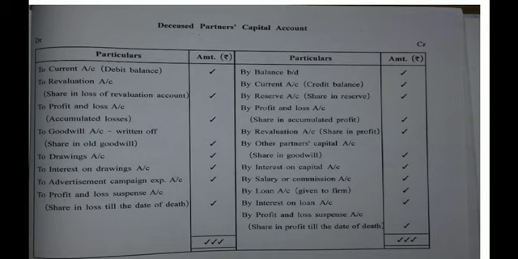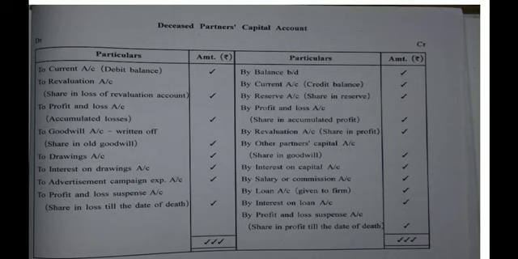Every time you credit this amount in partners' capital accounts, if you remember, of which the share of only deceased partner is to be written in this account. If I explain this in simple words, this is partners' capital account only. Yes, we used to prepare capital accounts of 3 partners together. Here we are preparing only for a single partner.